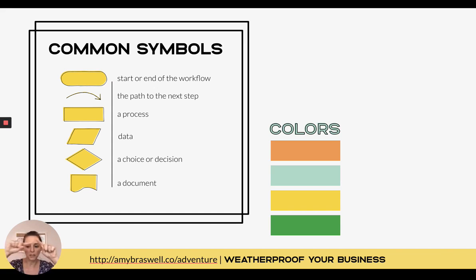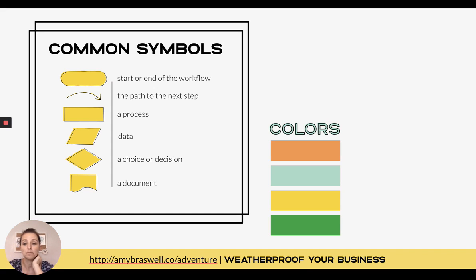An arrow denotes the path to the next step. Usually processes are put in a rectangle. So let's go back to our airport one. The start or end of the workflow could be get to airport. And the process could be call cab, call Uber, call Lyft.